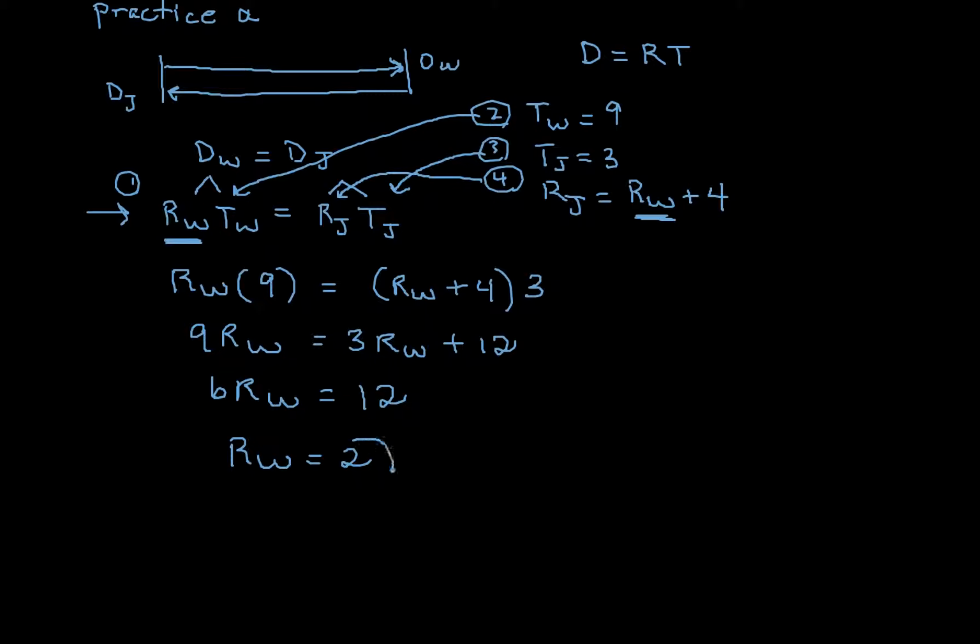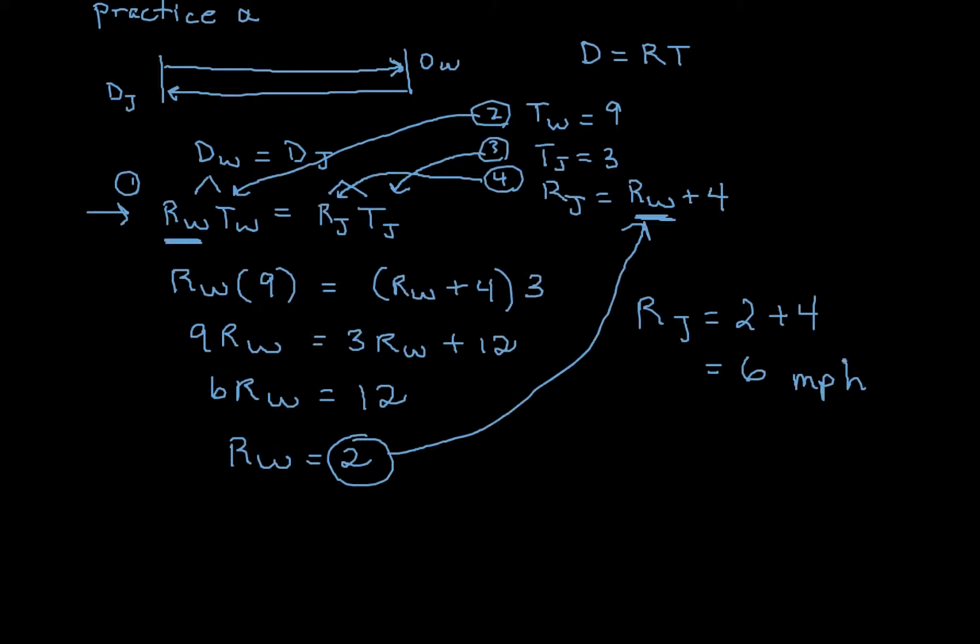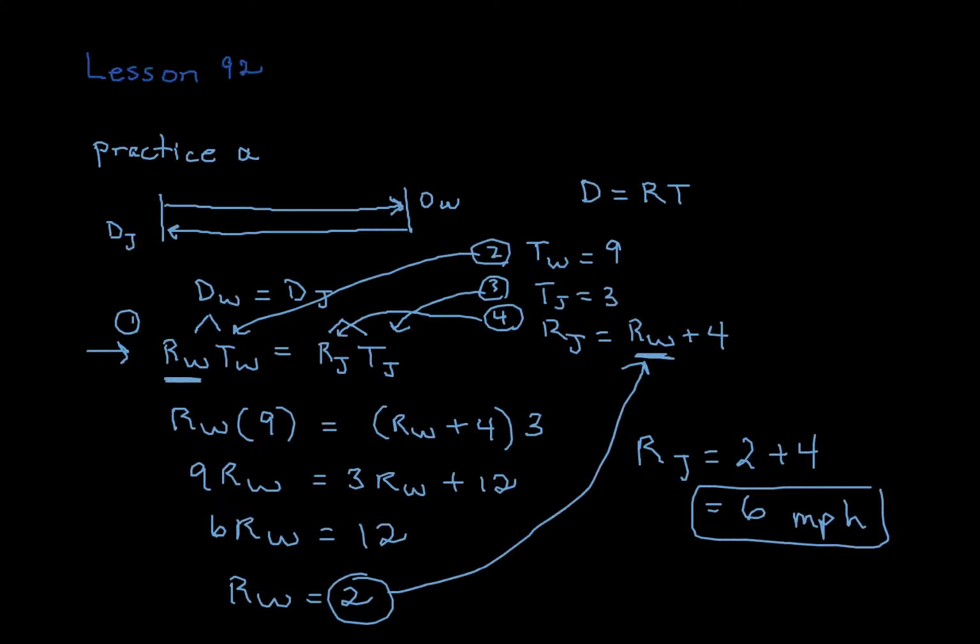So we take this 2, that's RW, and put it up there. So the rate jogging is equal to 2 plus 4, which is going to equal 6. And you can't just leave it 6 or you miss a point. It's 6 miles per hour. Make sure you put your units on. And that's how you do problem A. Let's go to problem B.